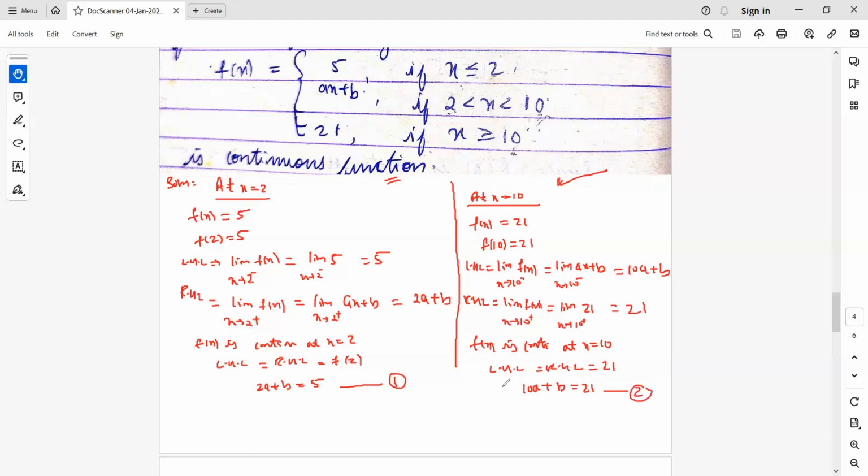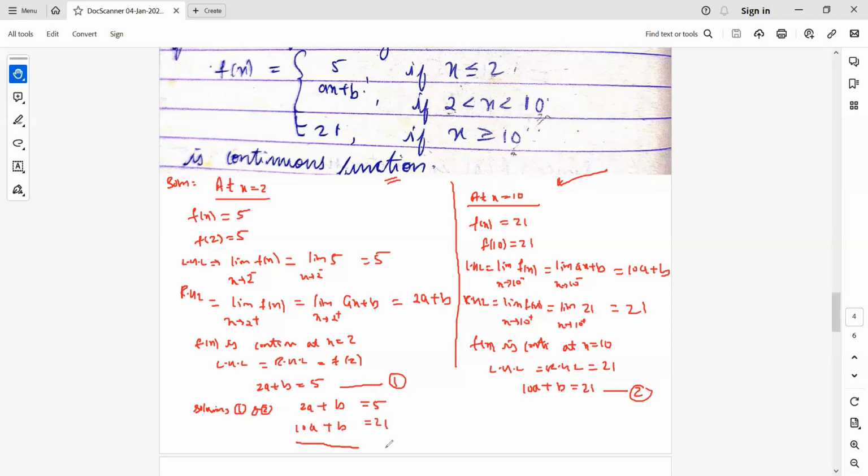Now we need to solve equations 1 and 2 and find the value of a and b. So we are solving them simultaneously. 2a plus b is equal to 5, and 10a plus b is equal to 21.